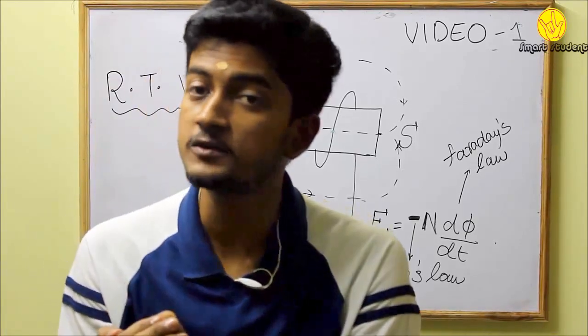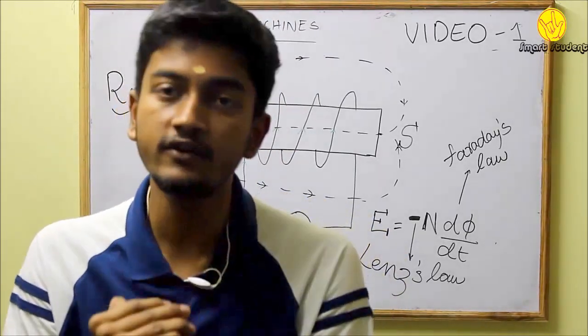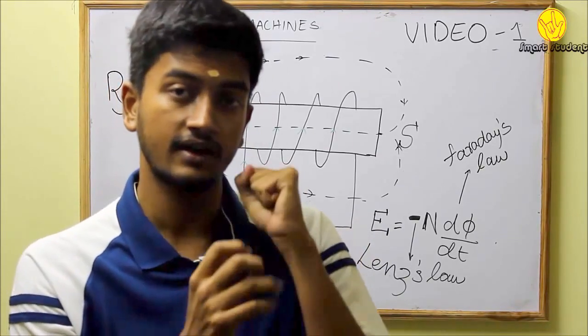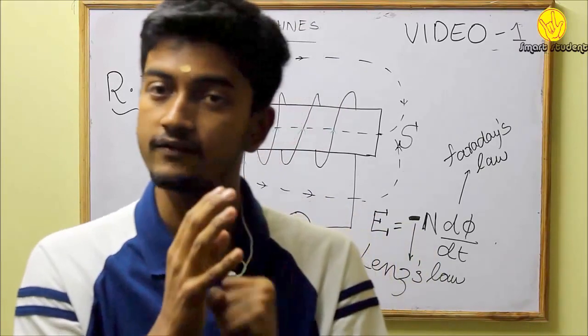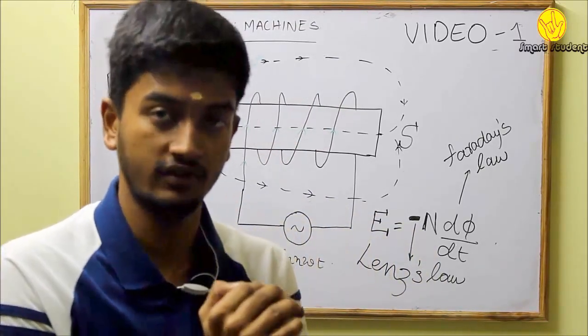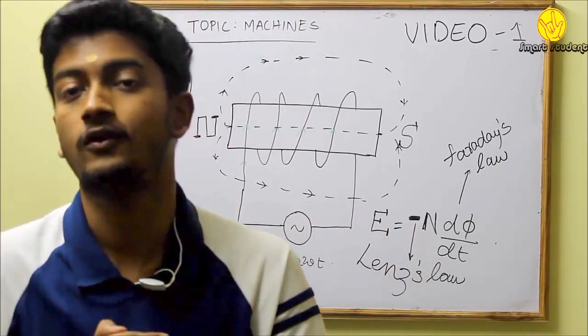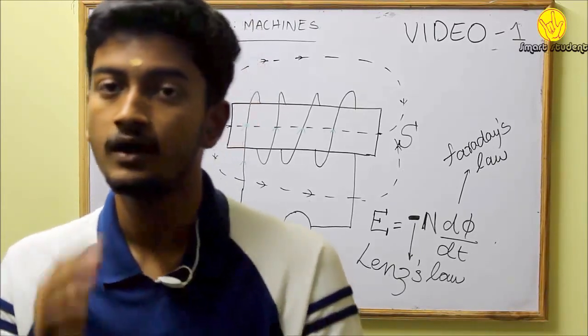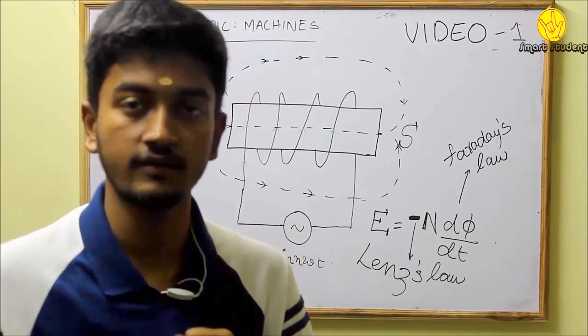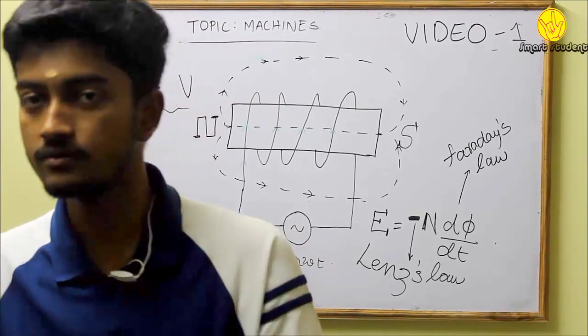According to Faraday's principle, because of the relative time variation between the magnetic field and the conductors, EMF is induced, and this induced EMF is called statically induced EMF. It is the main concept in transformers. In all transformers, the EMF induced is statically induced EMF.